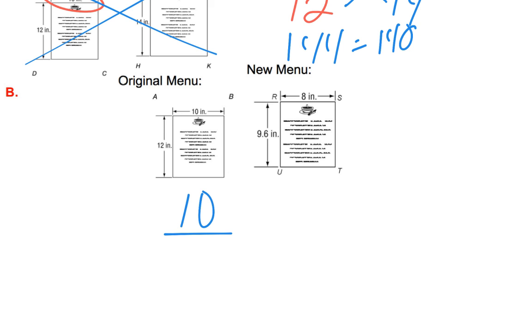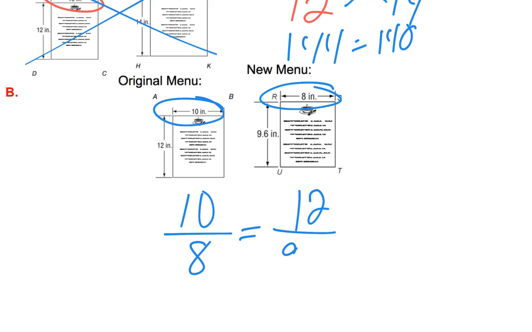10 over what? 12. No, 10 over 8. Why? Because you want to use one from each. And then, what over what? 12 over 9.6. So 10 times 9.6, that's 96. And what's 8 times 12? 96.